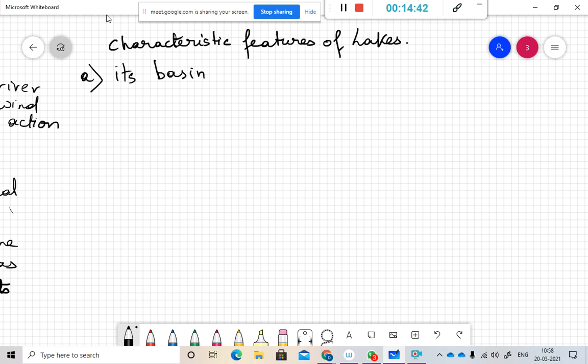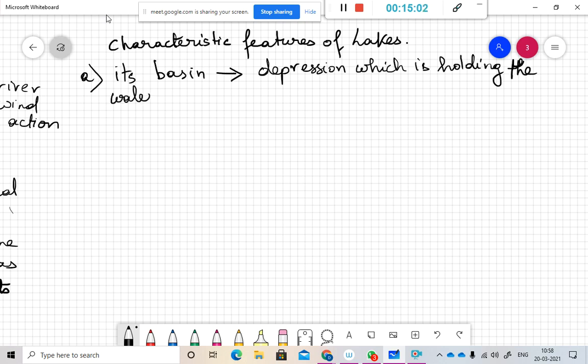What is the lake basin? The lake basin is the depression or the hole which is holding the water.